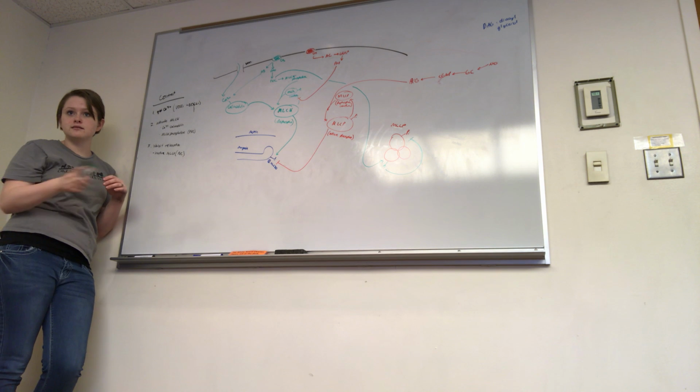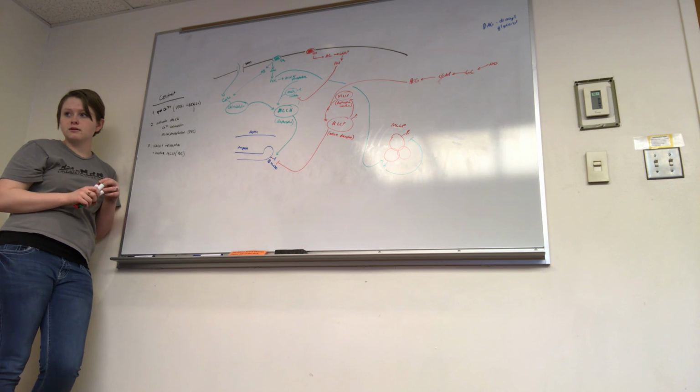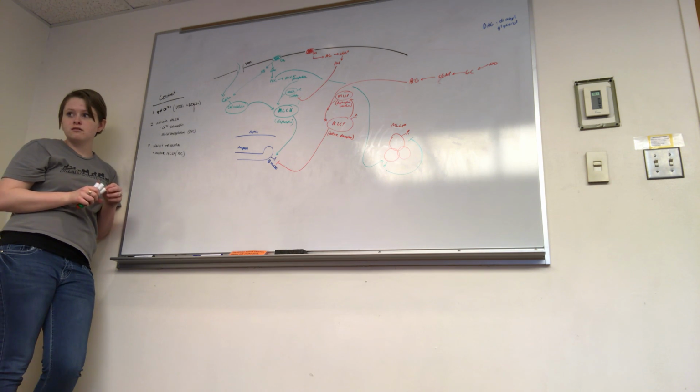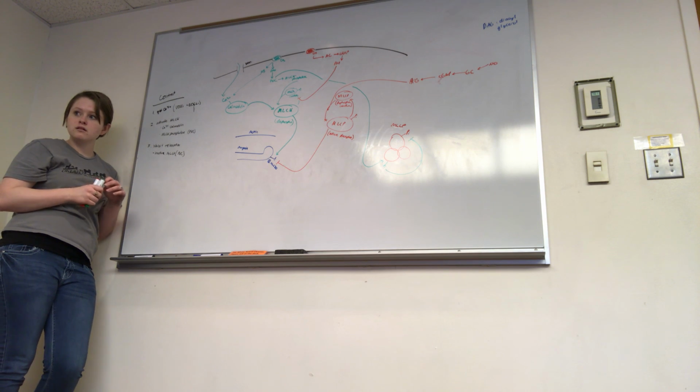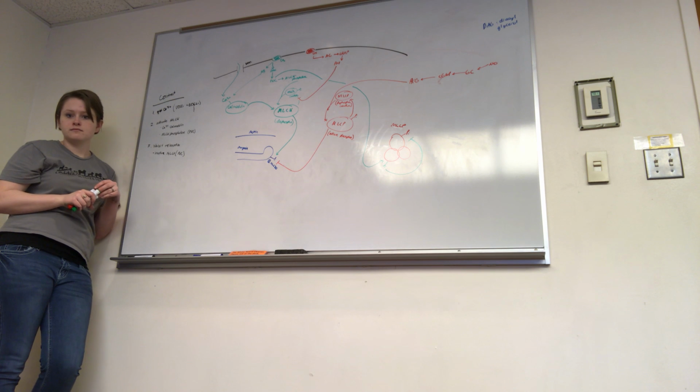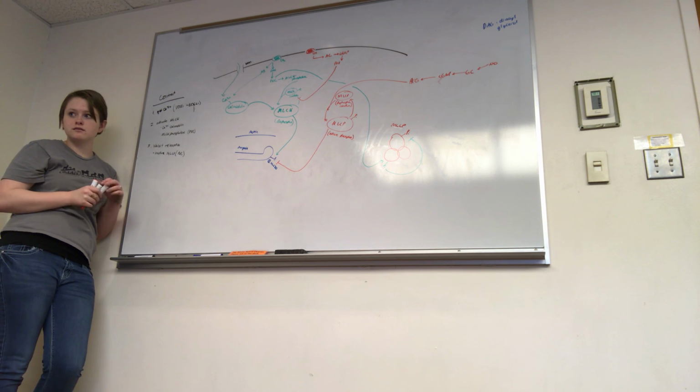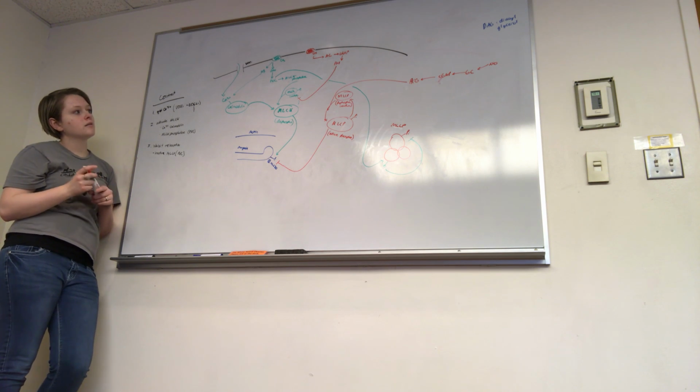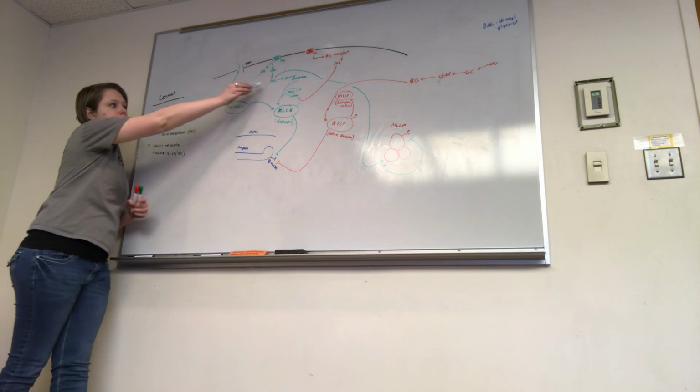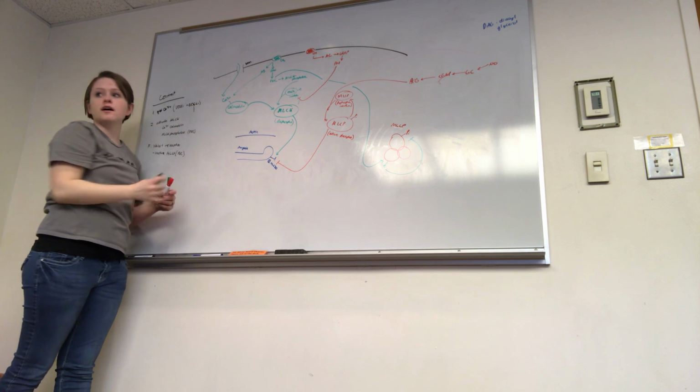So these are your three steps to get contraction. Does that make sense? What questions do you have? Calcium, how much do I get? The MLCK phosphatase and the PKC. So PKC is making MLCK phosphatase.